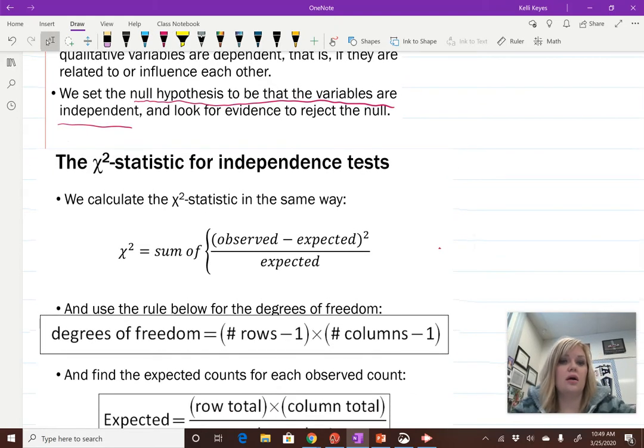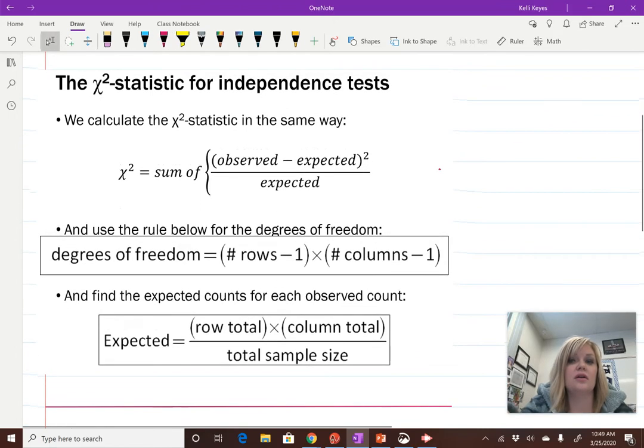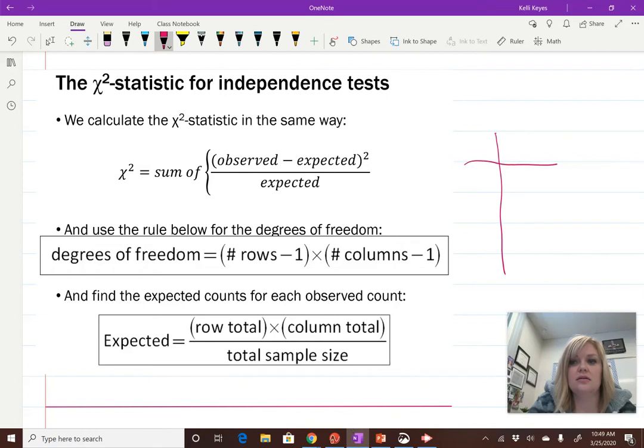So the chi-squared test statistic is the same as with the goodness of fit one. It's the observed minus expected squared divided by expected, and you add up all of the categories. However, this independence test is looking at two different variables, right?